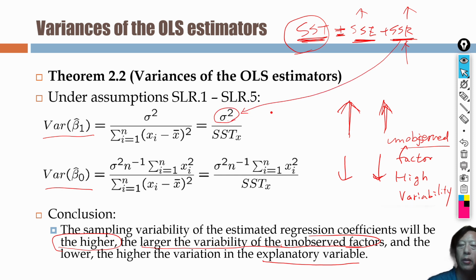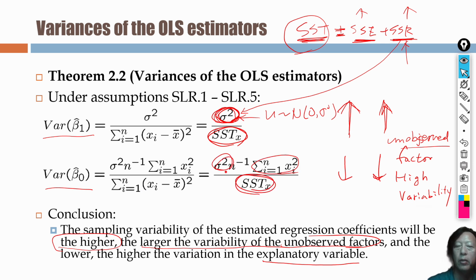Because sigma is the error variance, the variance of unobservable factors, and this is the total. And again, this is a total, but now this has an x, right?